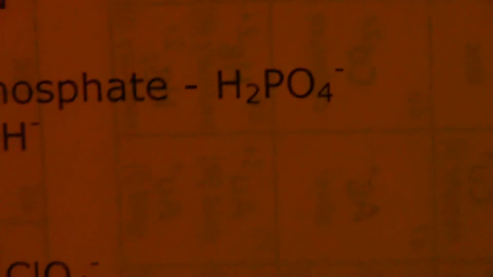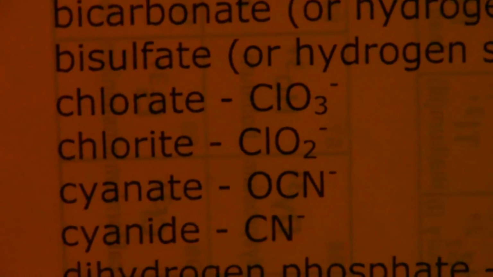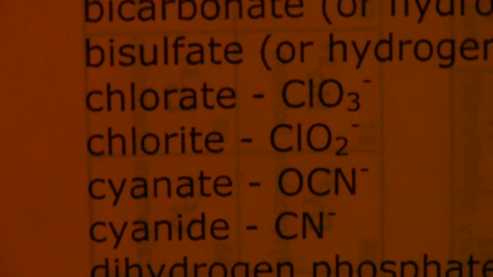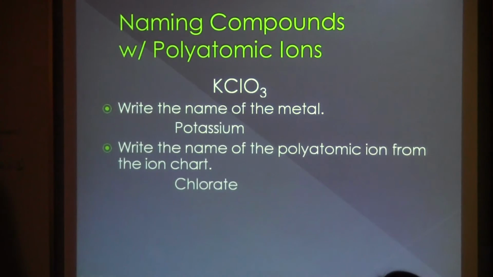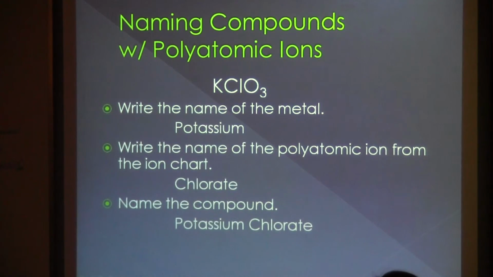It's an anion. So it has to be ClO3 something, so you've got to look it up. You write the name of the metal, potassium. You look at the polyatomic ion, which is, like you said, chlorate. That's it. Potassium chlorate. Done. Isn't that exciting?